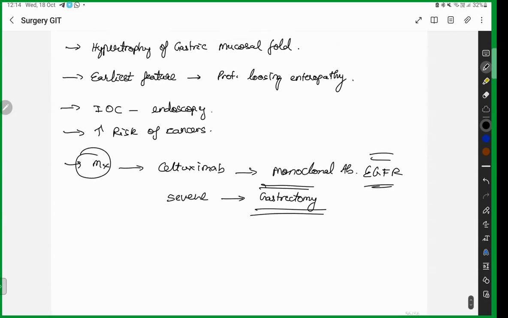Now coming towards the last and final part of upper GI bleed which I wanted to discuss, Dieulafoy's disease, Dieulafoy's lesion. What is this Dieulafoy's lesion?